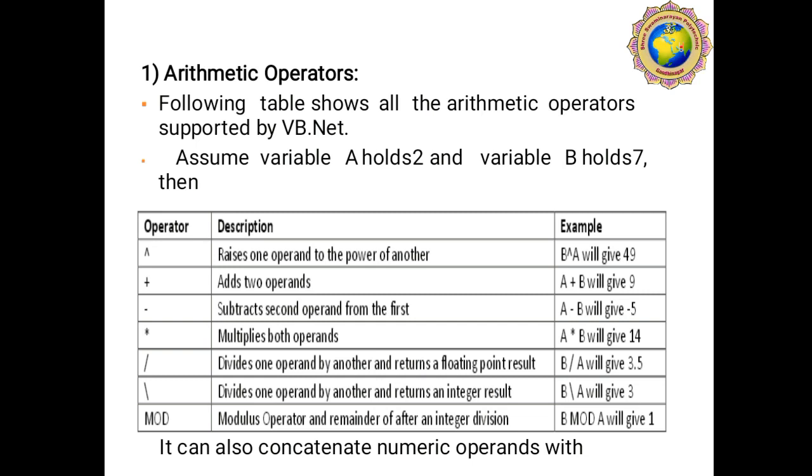Depending on the slash direction, the right hand side slash gives the floating point result 3.5, whereas the left hand side slash returns an integer result, only 3.